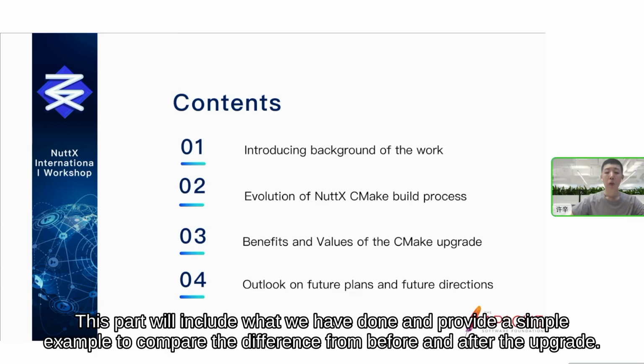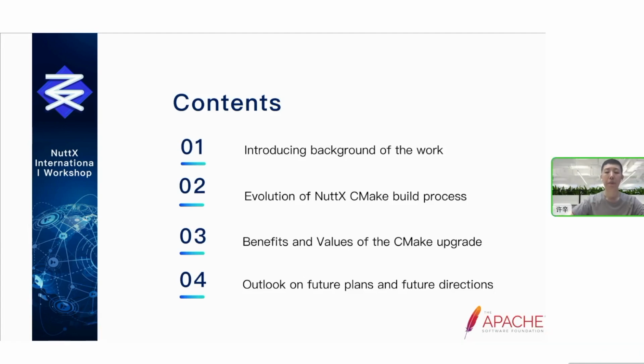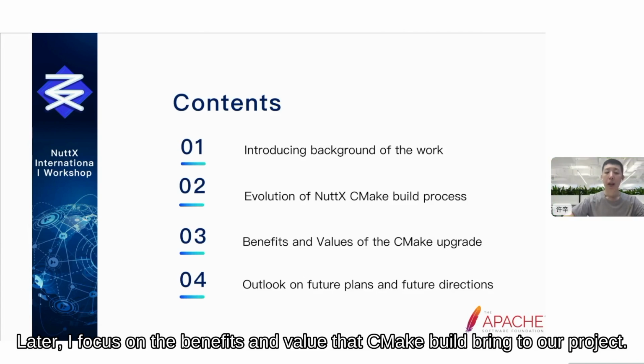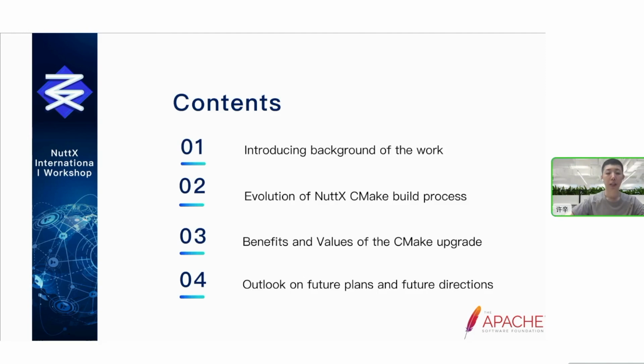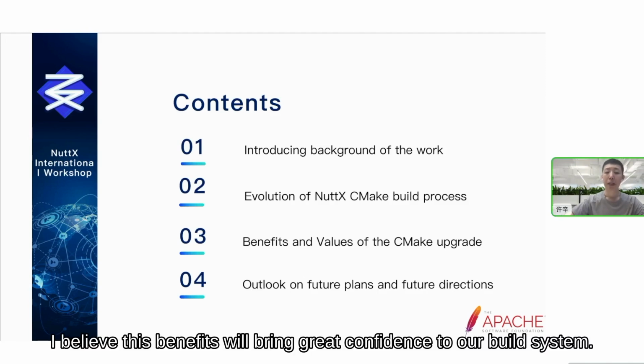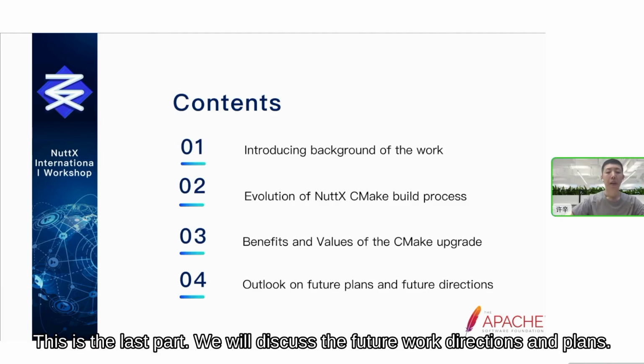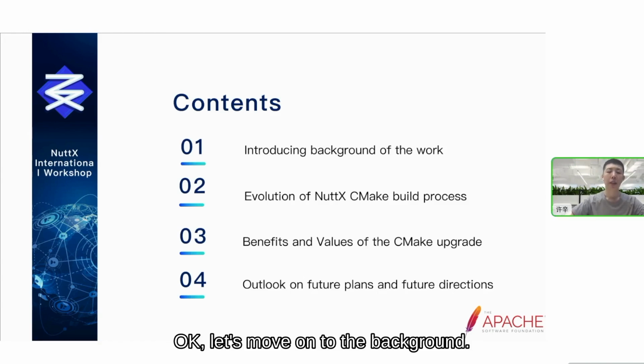This part will include what we have done and provide a simple example to compare the difference from before and after the upgrade. Later, I'll focus on the benefits and value that CMake build brings to our project. I believe these benefits will bring great confidence to our build system. The last part, we will discuss the future work directions and plans. Okay, let's move on to the background.